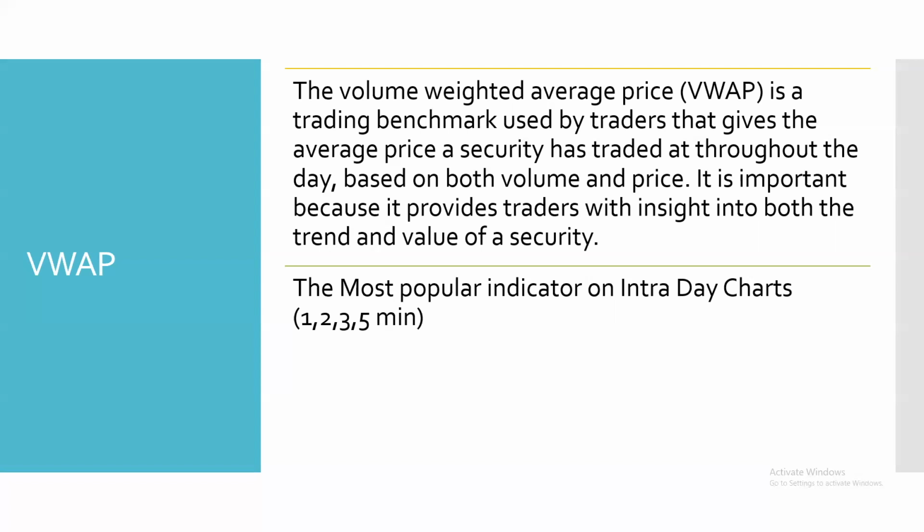The 3 minute, $2. The 5 minute, $2. If we're at the 50-day moving average on a 1 minute chart, it's $2. If we change to the 2 minute chart, it's $180. If we change to the 3 minute chart, it's $298. It's all over the place depending on what time frame you're in. So that's why the VWAP is so great to use on your time frame, because it doesn't change ever.